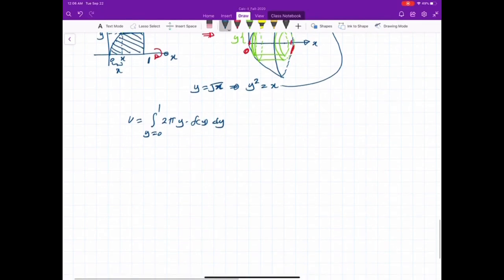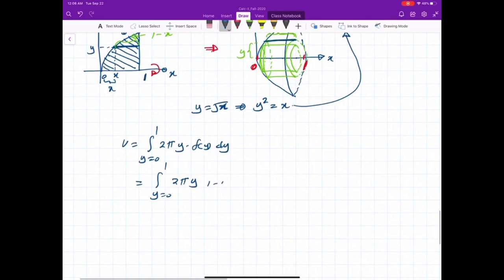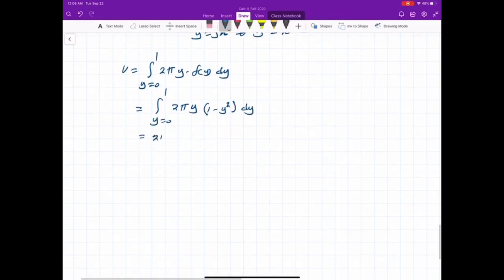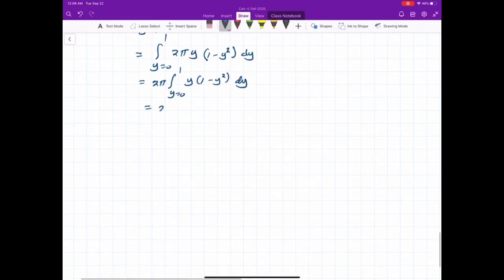All right, now you just plug in the values. y goes from 0 to 1, 2 pi y, f of y is 1 minus y squared dy. And then you can see 2 pi is a constant, you can take that out. Now you just expand that. y goes from 0 to 1, y times 1 gives y, and here you will get minus y to the power 3 dy.